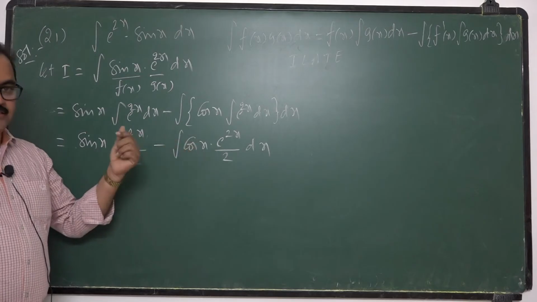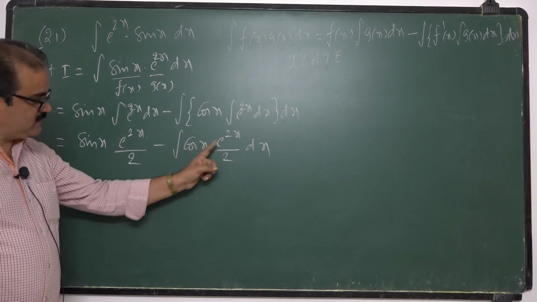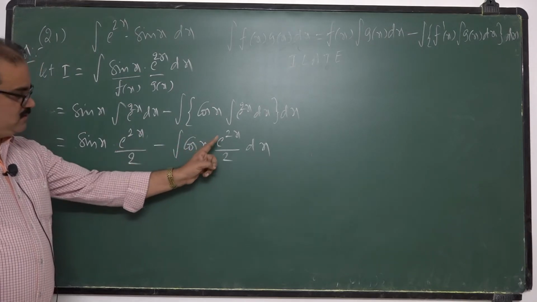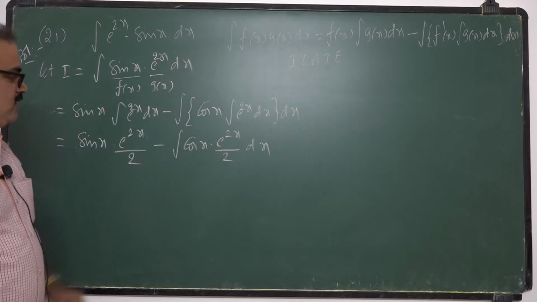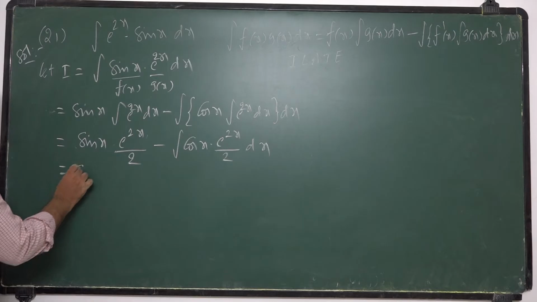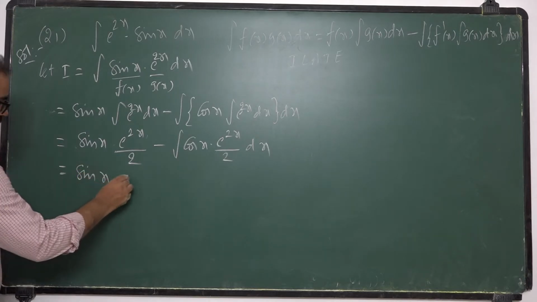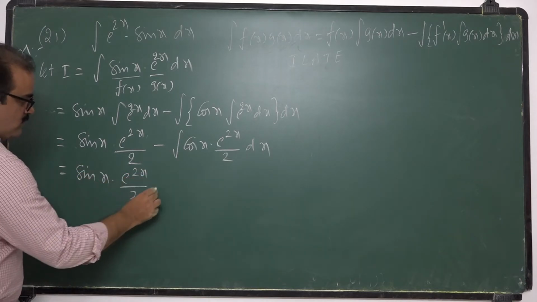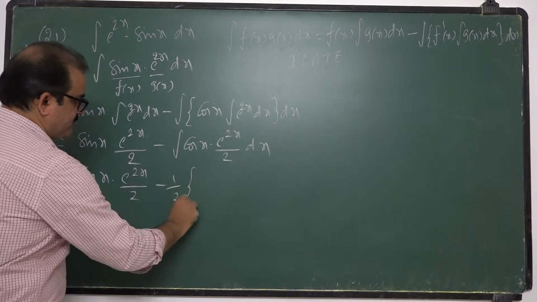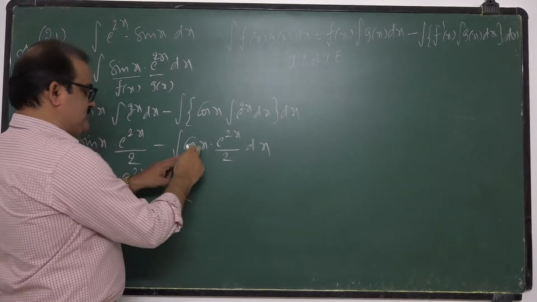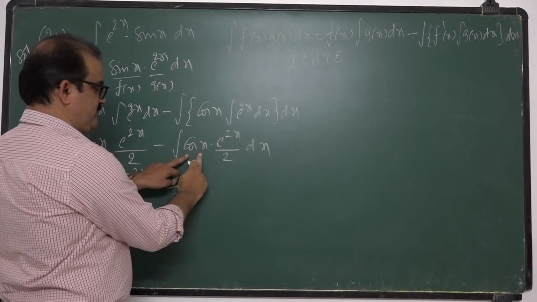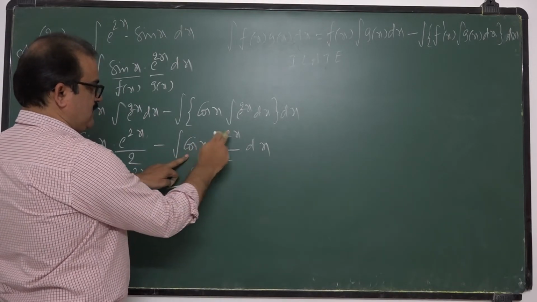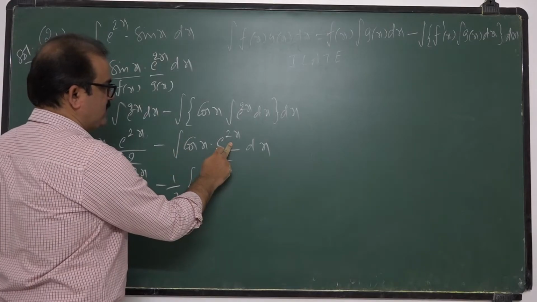Here the integration is not completed. Again integrate. To integrate this again we apply that formula. 1 by 2 is constant. Again it is in the form of integral f of x into g of x. What is f of x? Cos x. What is g of x? e power 2x.